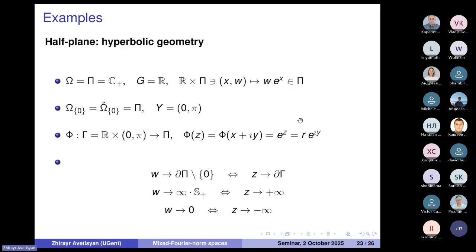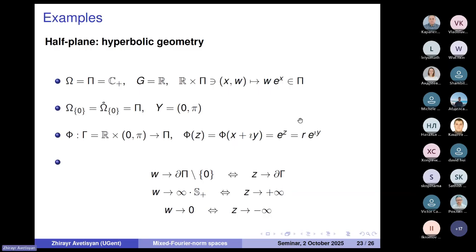Now, again, it is important to look at what is happening at the boundaries in this transformation. So when W goes to the boundary of this half plane except the origin, then essentially in the model, you are looking at either of the boundaries of this horizontal belt, okay? Either the lower boundary or the upper boundary.